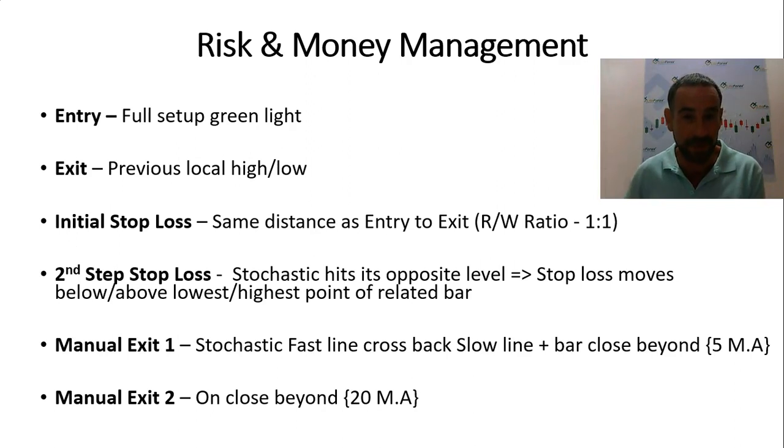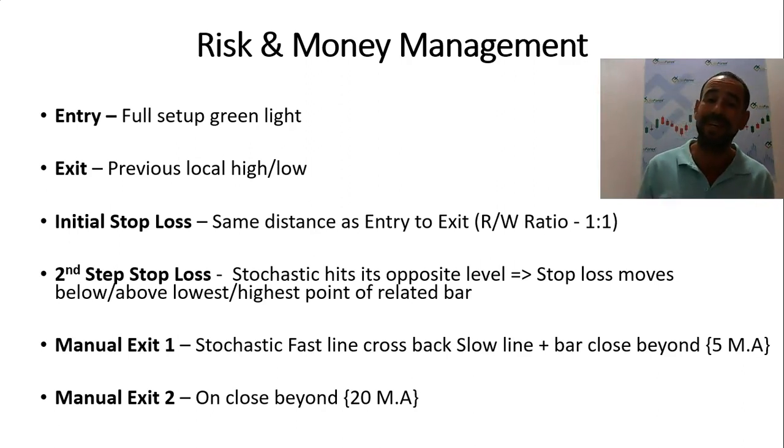So whenever we enter the position, we measure the length from the entry to the previous high, for example, in a bullish setup, and we apply the same distance as a stop loss level. Makes sense? Ratio would have to be 1 to 1.